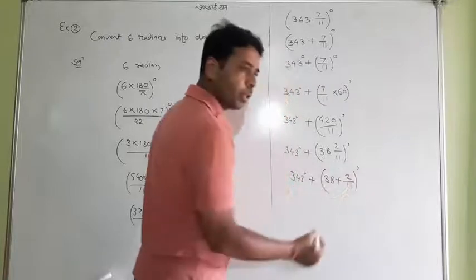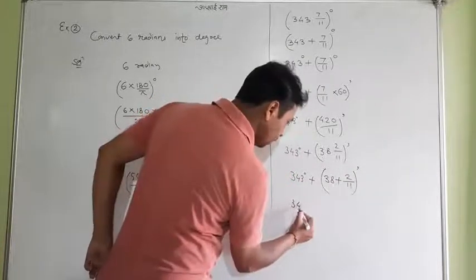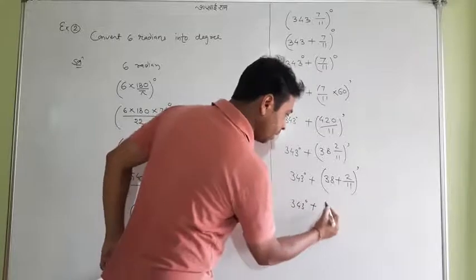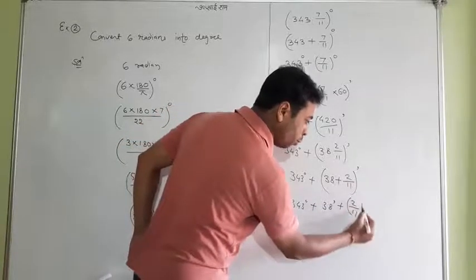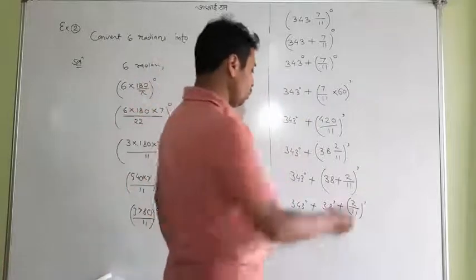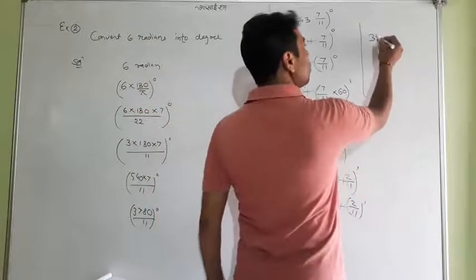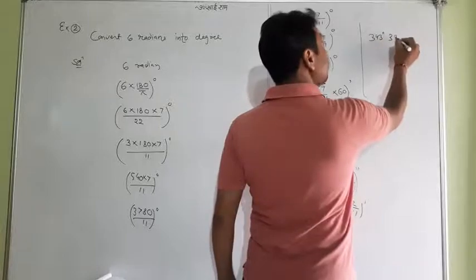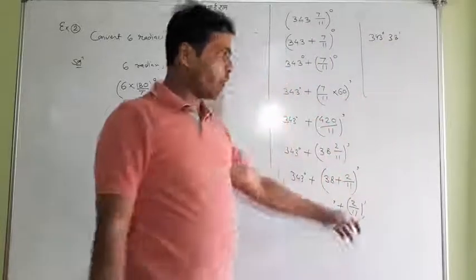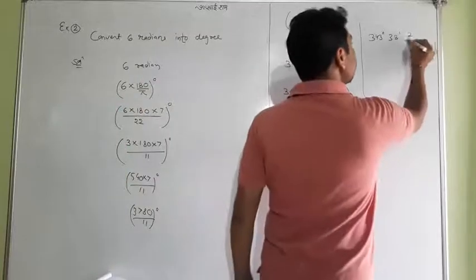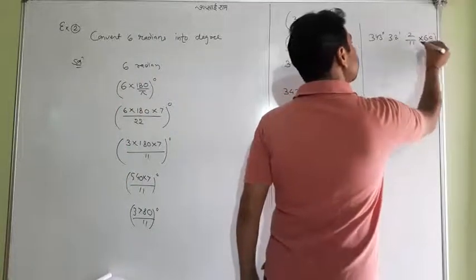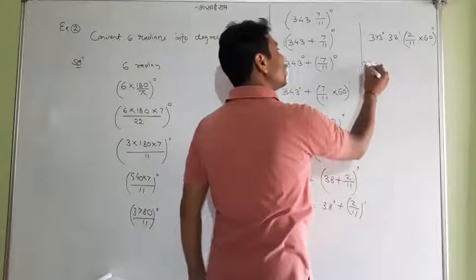The whole part is in minutes. So 343 complete degrees, 38 complete minutes, but 2 by 11 is a partial fraction of a minute. So I turn that into seconds by multiplying by 60.